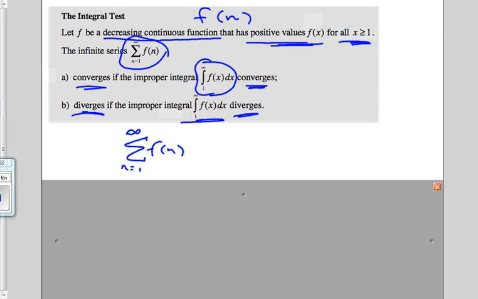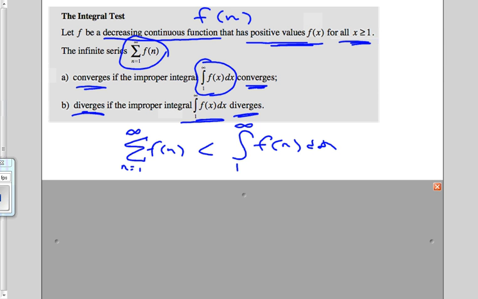Well, we know that this is going to be less than the integral, which is adding up all values in between 1, 2, 3, 4, 5, like what's in between 1 and 2. Well, there's tons of numbers in between 1 and 2. So the integral of f of n dn is going to be bigger than the sigma notation.